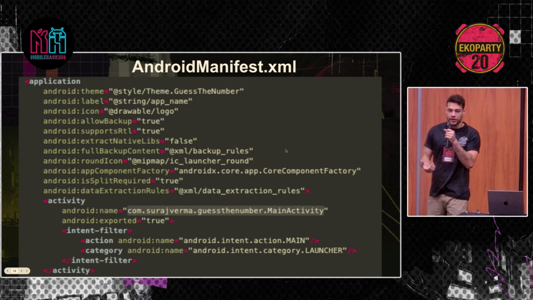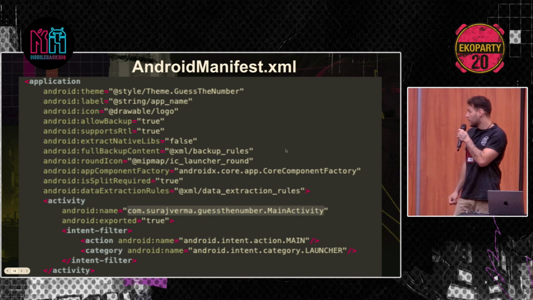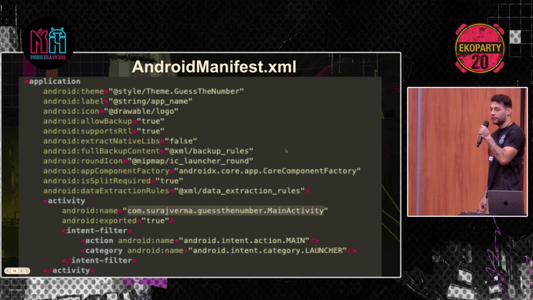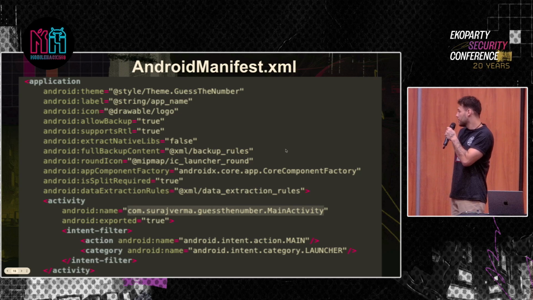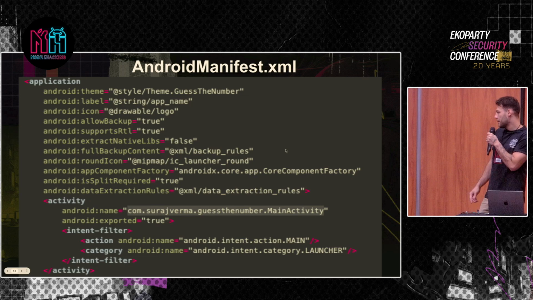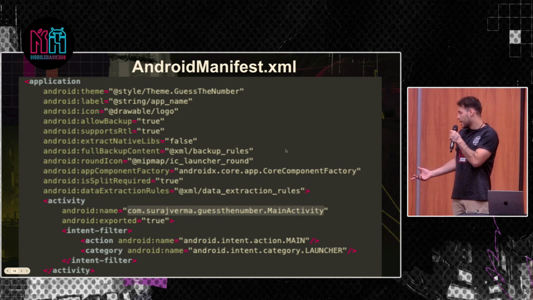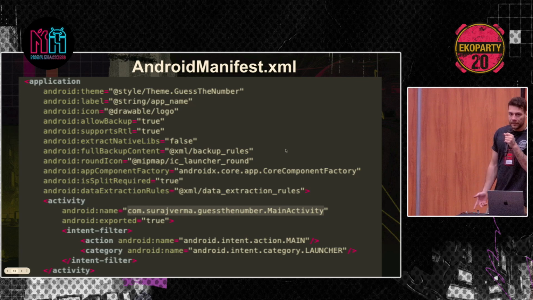That's why I could use ADB to start the application, because if it was exported false, it wouldn't be possible. And you can also see intent filters with the action and category, which tell us that this is the main activity with the category launcher, which means that this will be the first page of the application when it starts.